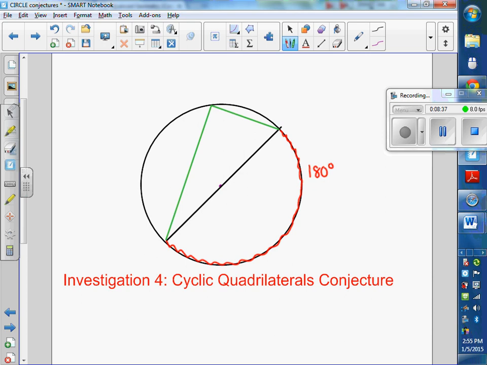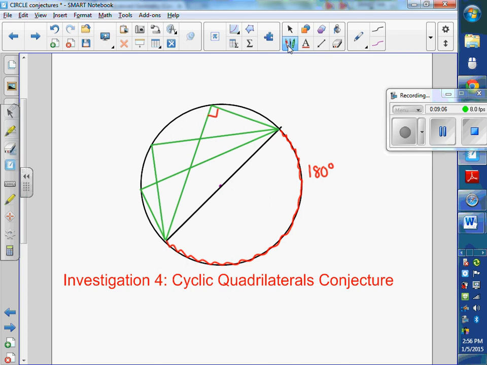That would make this a right angle, because the inscribed angle from the previous page always has a measure of 1/2 the intercepted arc. So no matter where I draw my inscribed angle, as long as its endpoints are on the diameter, I'm always going to have a right angle.